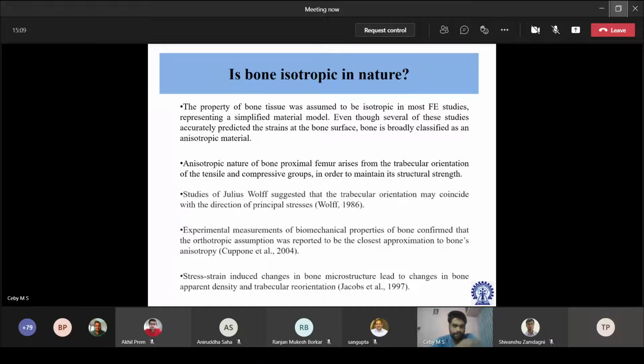There are several studies, and you are familiar with Wolff's law in bone remodeling. He suggested that the trabecular orientation may coincide with the direction of principal stresses, and I'm pretty sure you know what principal stresses are.